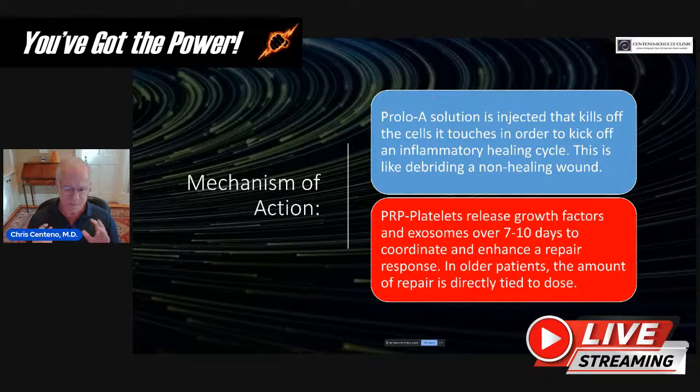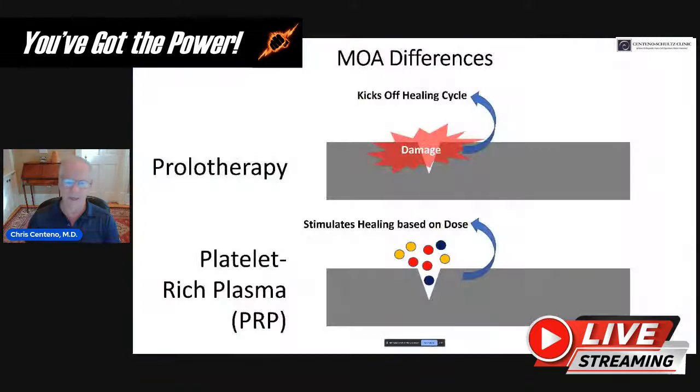Now, PRP is very, very different. Here we've got platelets that release growth factors and exosomes over 7 to 10 days that coordinate and enhance a repair response. In addition, it's also dose dependent. So let me show you some pictures here. So when it comes to prolotherapy, we're causing local damage, and it's chemical damage, and that's kicking off an inflammatory healing cycle.